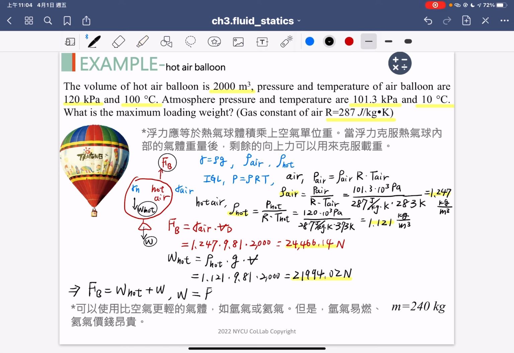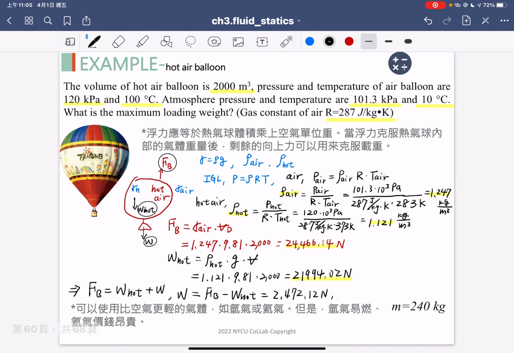So the buoyancy force FB minus the hot air weight W equals, I use my calculator to compute the answer, around 2472.12 Newton. But our question is the total loading.